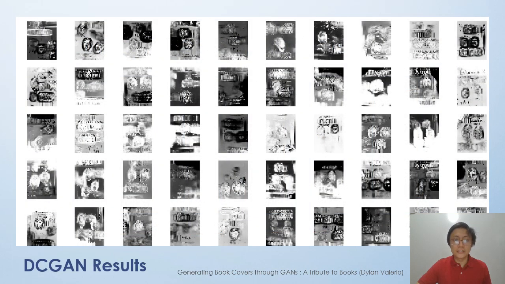And for our DCGAN, this is the result, right? Judging from how it looks, these aren't convincing book covers. It's a bit creepy actually, right? However, the generator outputted the traits of a book cover, right? Its general characteristics.